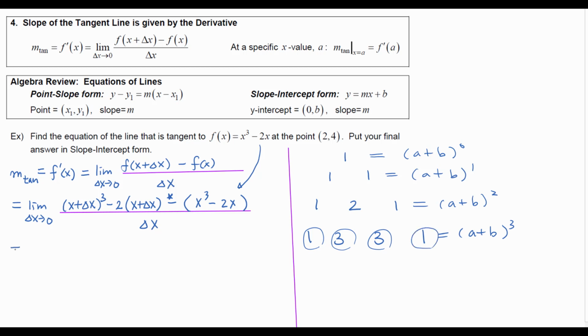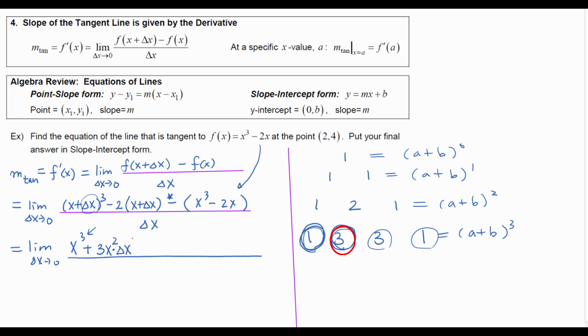So when you expand x plus delta x to the 3rd power, what you're going to get, on the 4th term, is 1 times x to the 3rd power plus, the next coefficient will be 3 times, and you're going to lose 1 power of that and gain 1 power of the next term.